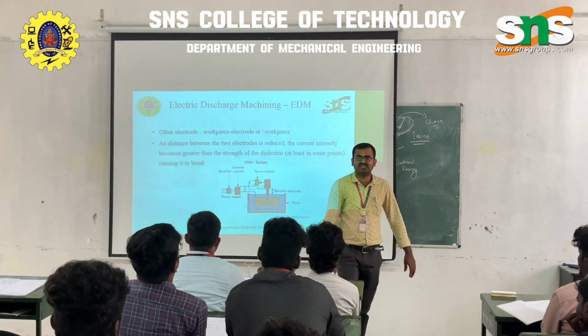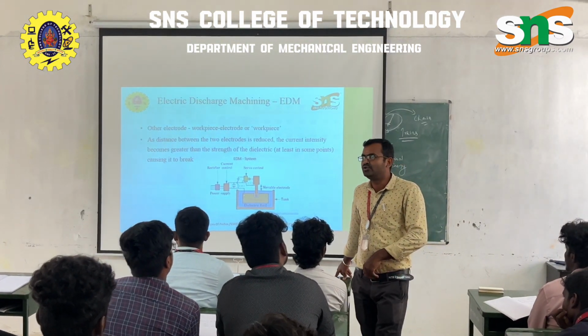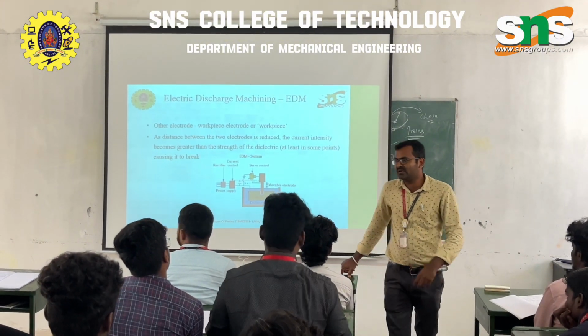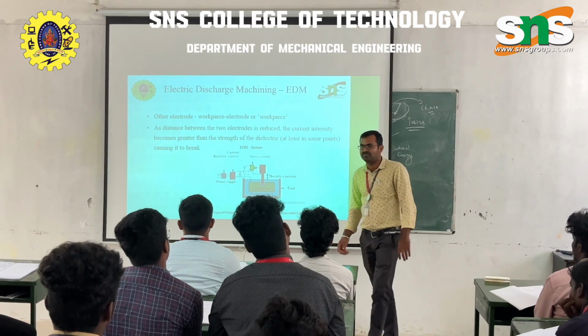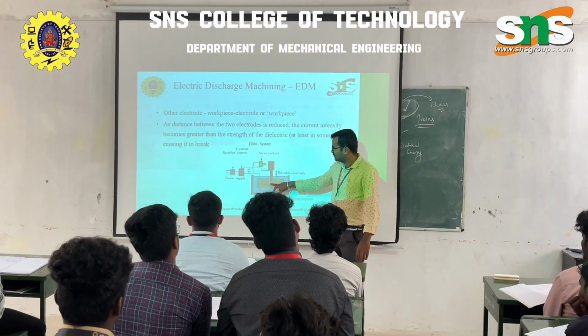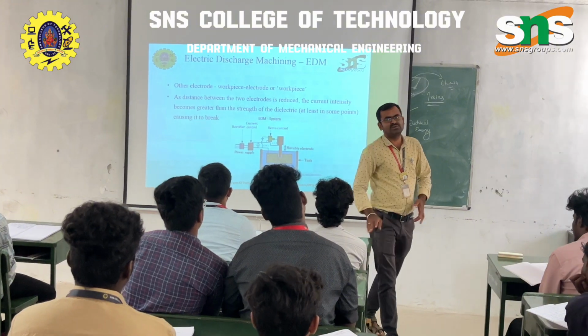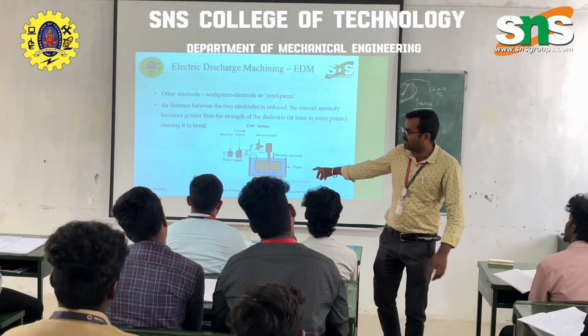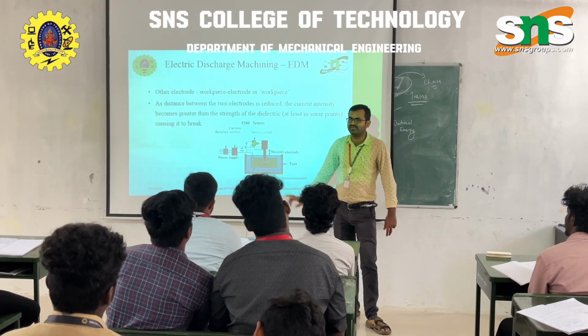Here we are giving a power supply of around 130 to 240 volts. Whichever material is to be removed is connected to the positive terminal. Here our main aim is to remove material from the workpiece, so automatically the positive terminal is connected to the workpiece and the negative terminal is connected to the tool holding device.